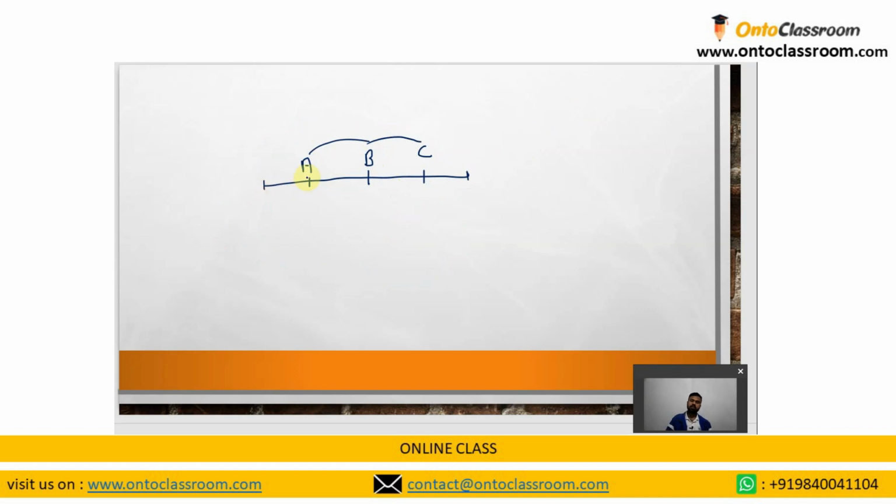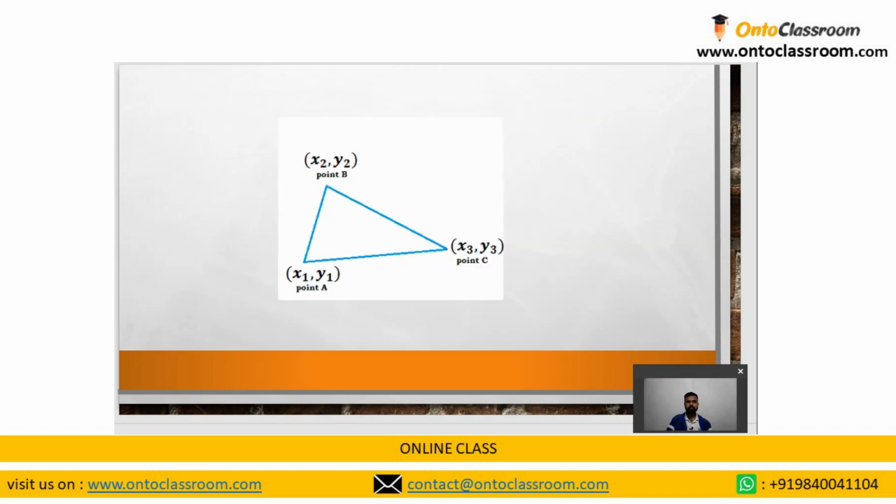Suppose this is a line and A, B, C are 3 points on the same line, we can say A, B and C are collinear. This is the first thing you need to know. Second thing, this is a triangle we have made by using the points x1, y1, x2, y2, x3, y3. So why do we need to know this?